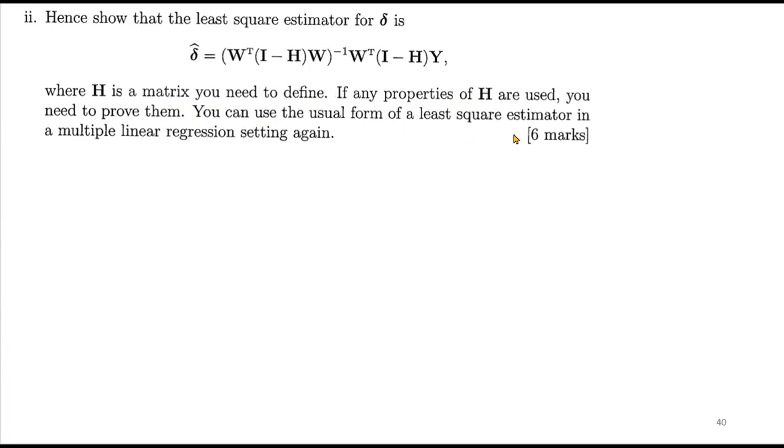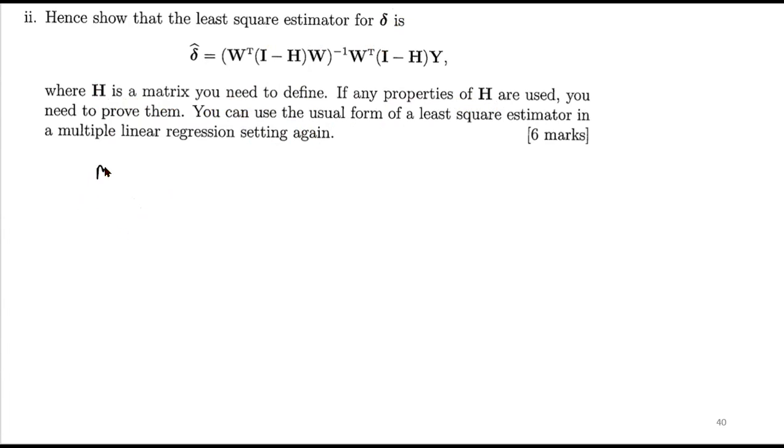I can use the usual form of the least squares estimator in the multiple linear regression setting again. The hat matrix I need to define. The purpose of this question is to find the least squares estimator now for the delta here, corresponding to the block of new covariates.